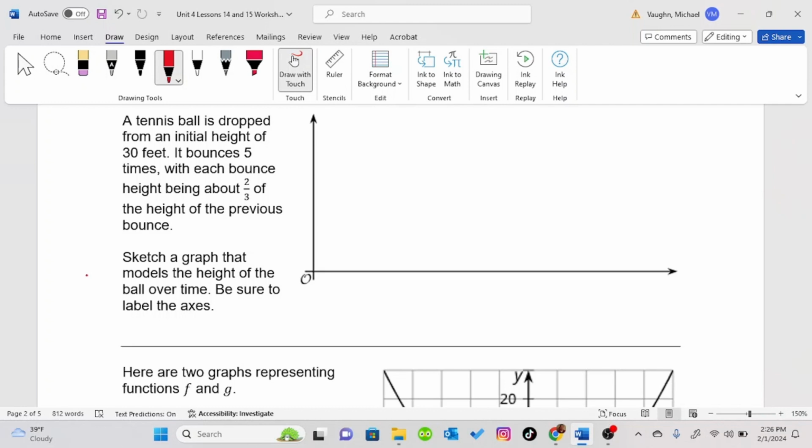So my y would be my height in feet. And I'm going to increase this by 10 feet each marker. And this is over time, and it makes sense to use seconds if we're talking about a ball bouncing.